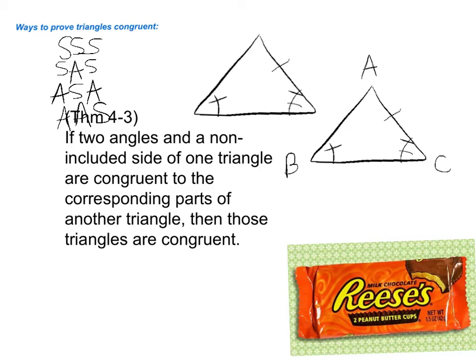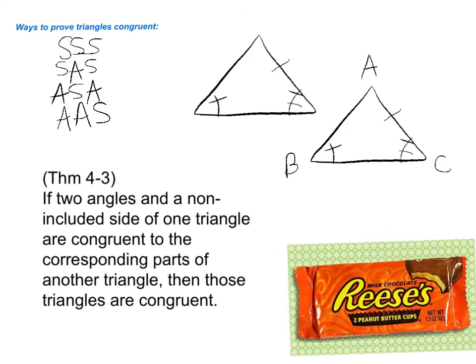Now I know we lost some of that, so let me move that over. So let's read it. If 2 angles and a non-included side, so it is angle, angle, side, are congruent to the corresponding parts of another triangle, then those triangles are congruent.